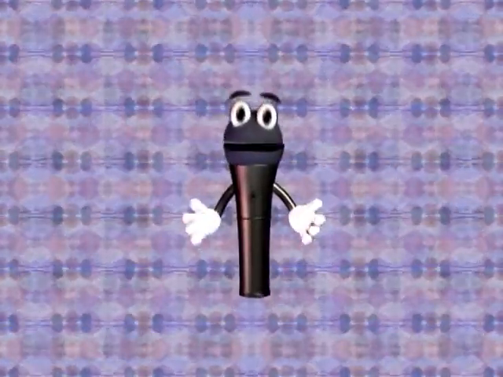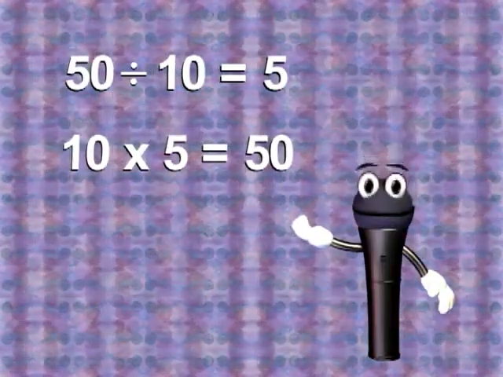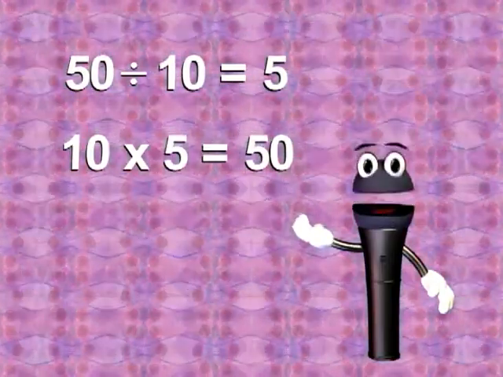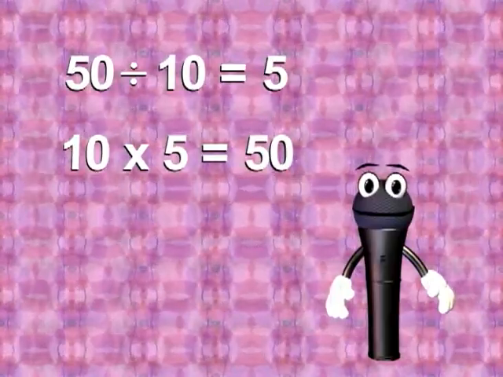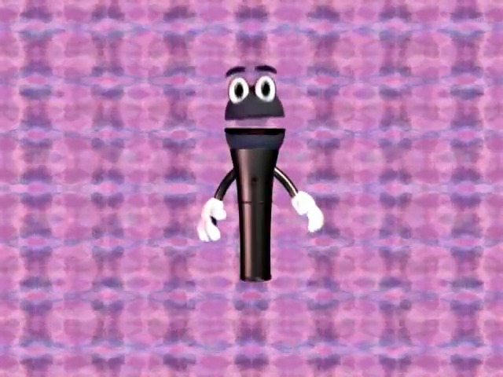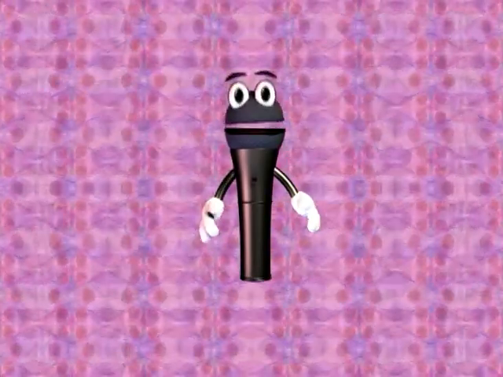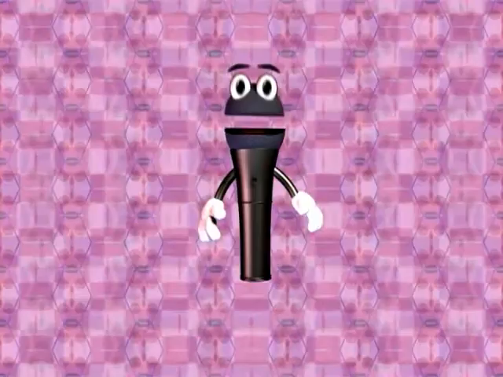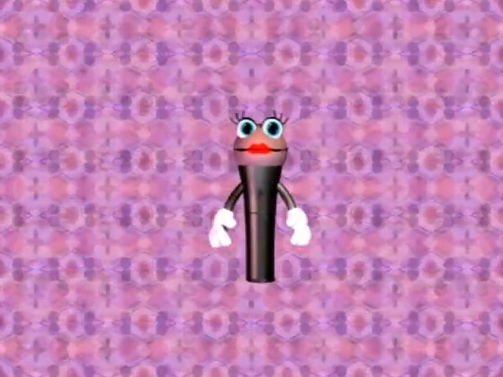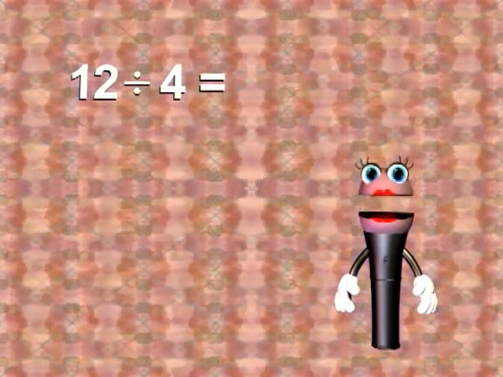Let's check her answer with multiplication. Because 10 times 5 equals 50, this division problem is correct. When some people do division in their heads, they do it by thinking of the multiplication problem related to the division problem. 12 divided by 4 is... Let's see.